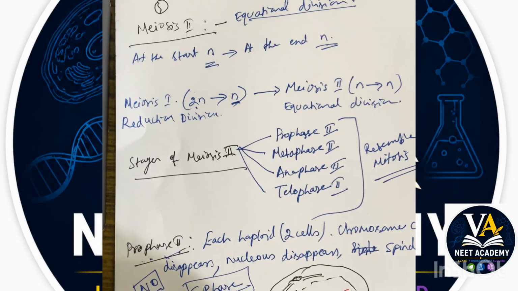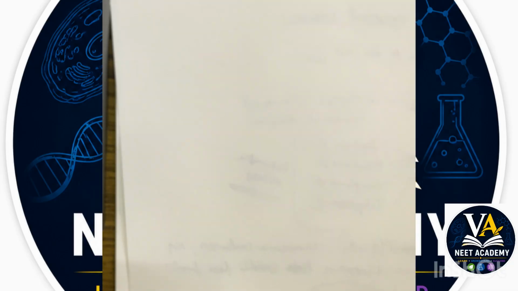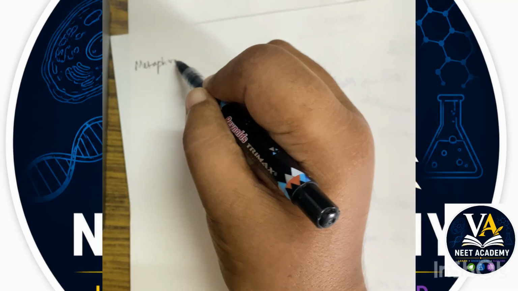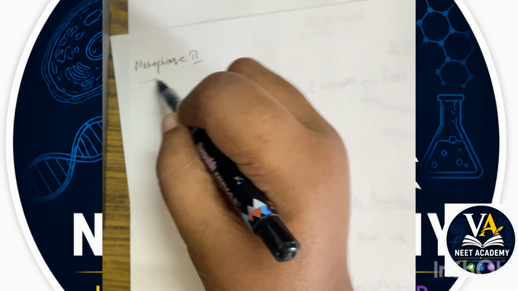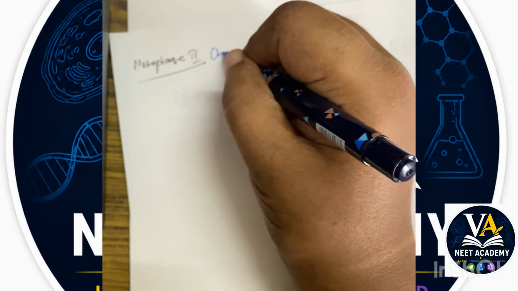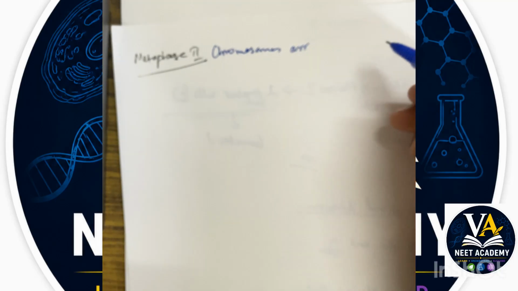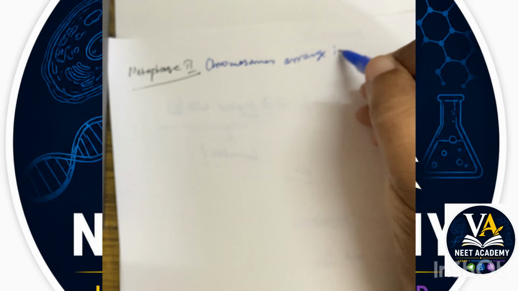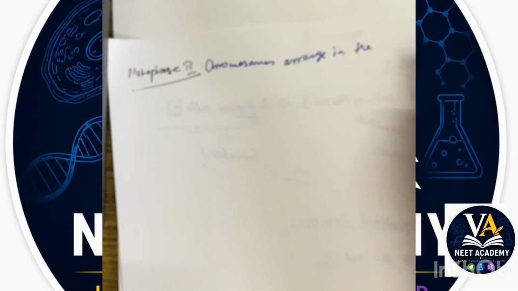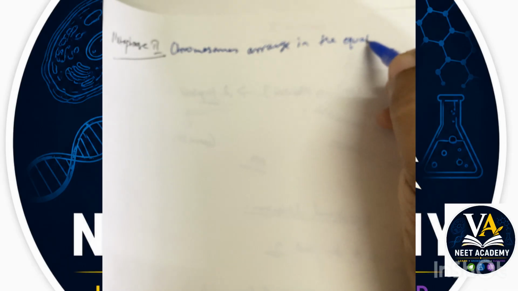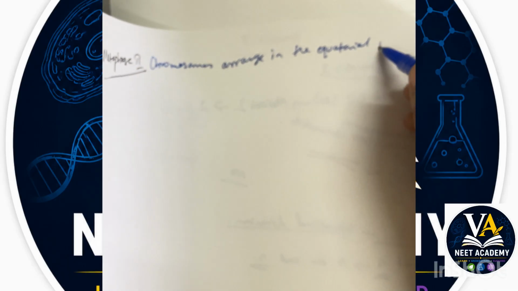Let us move on to metaphase II now. So what happens in metaphase II? Now you should all be saying it. All of you know that the chromosomes arrange in the equatorial plate, right?